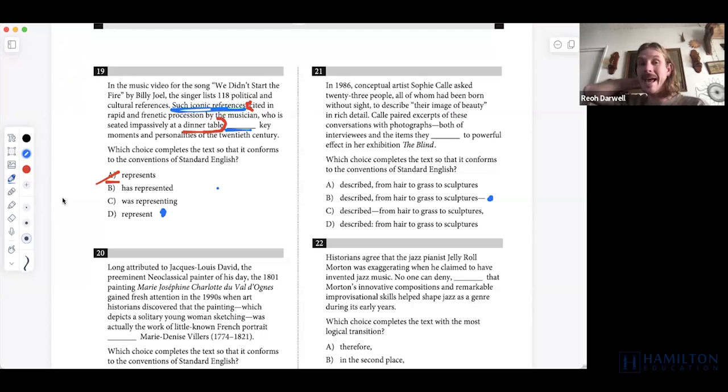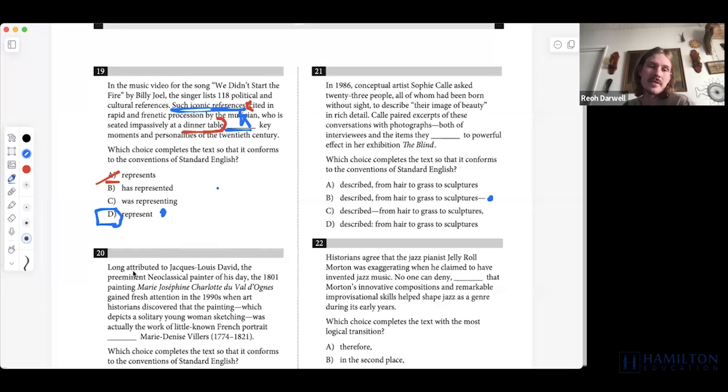Maybe that sounds like we want a singular conjugation because there's a singular noun before this verb. But the only subject that is associated with this verb is up there, references. It's plural.